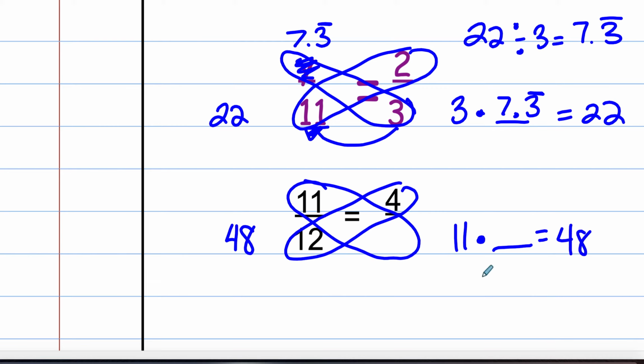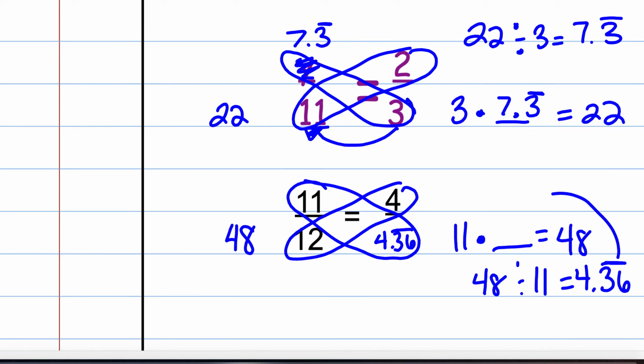So in order to figure that out, I would take 48 divided by 11. Well, divided by 11 gives me 4.363636. Remember, that's repeating. So this missing blank is 4.36 repeating. Well, I'm going to check it. If I put it in here, leave it in my calculator, times that by 11, do I get 48? And yes, I do.